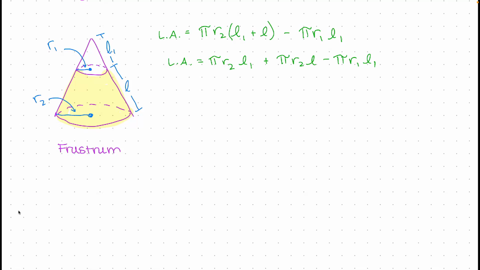And then these two terms that have the L1, I'm going to factor out the pi and the L1. So it's going to look like this. It's going to be pi, and then R2 minus R1 inside L1. And then we still have the plus pi R2 L. So I have that. Any questions about what I did there?